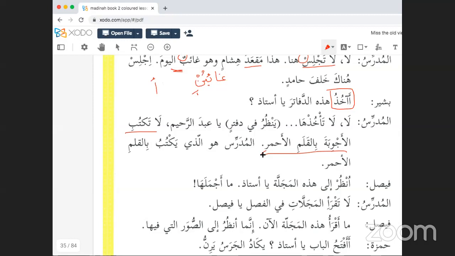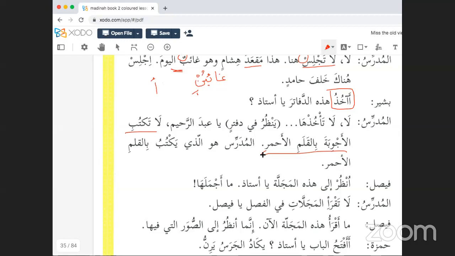Because it's mu'arraf, with alif wal lam. So the discussion of mamnu' min al-sarf is always about those words that do not have alif wal lam on them. Then he says, "The teacher is the one who writes with the red pen."